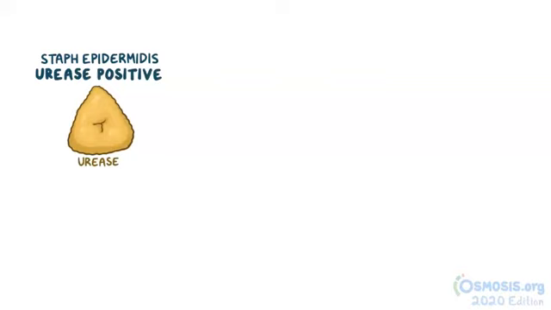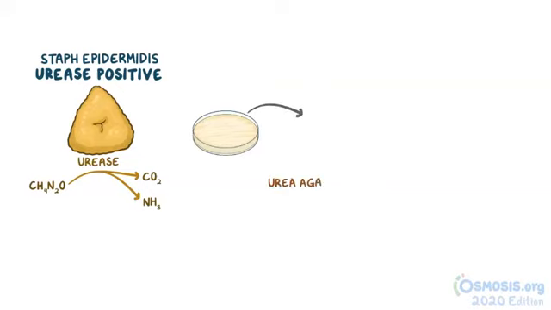Staph epidermidis is also urease positive, meaning it produces an enzyme called urease that dissociates urea into carbon dioxide and ammonia. This can be tested by transferring a pure sample of bacteria from the culture to a sterile tube containing a mixture of urea agar broth and phenol red.